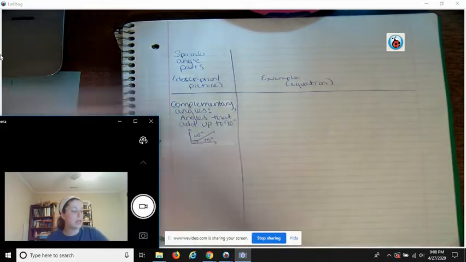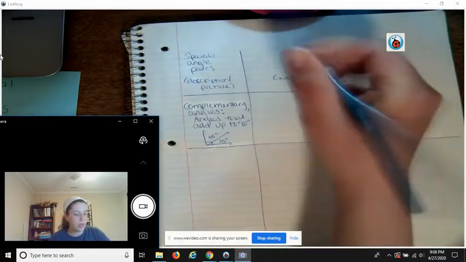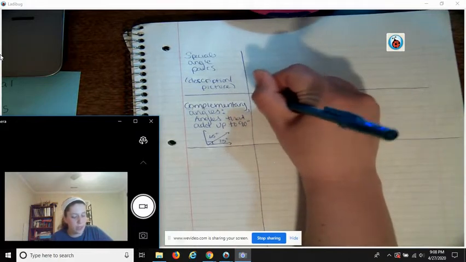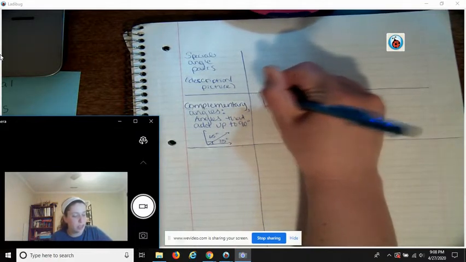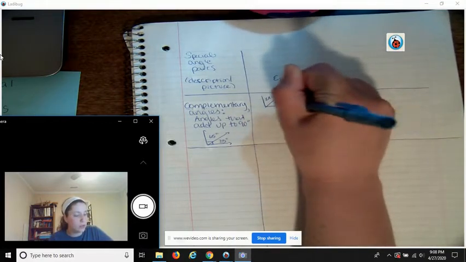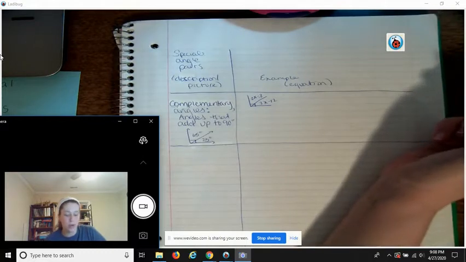So maybe in an example problem, you would be given that one angle was 2x minus 3 degrees, and another angle was 3x minus 12 degrees, and that they combine to give us a 90-degree angle.